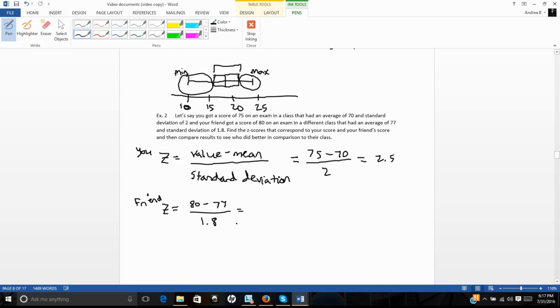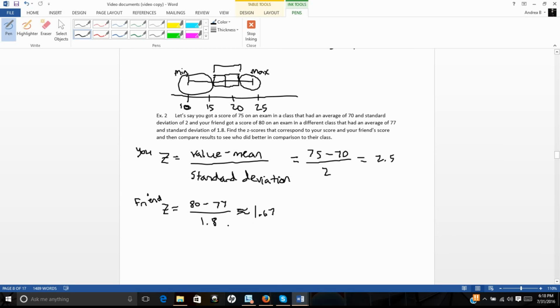So if we subtract those, we get 3 divided by 1.8 there. So in that case, for your z-score, you're going to get about 1.67. We'll put the approximation since we did round there.